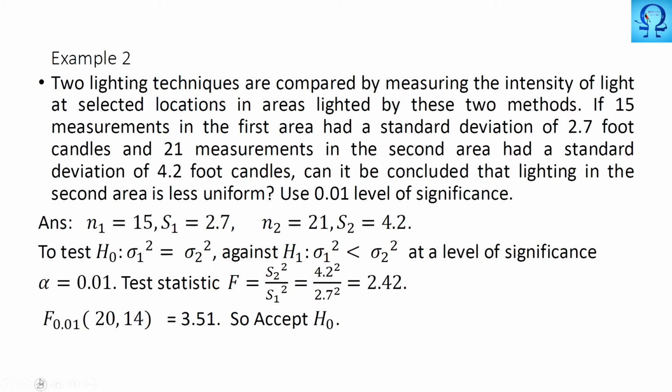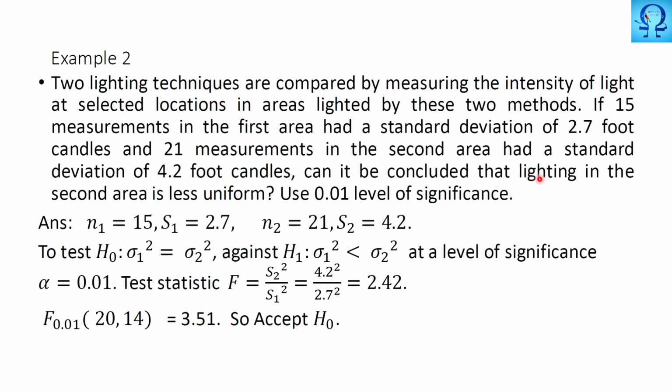We have another example which says that two lighting techniques are compared by measuring the intensity of light at selected locations in areas lighted by these two methods. 15 measurements in the first area had a standard deviation of 2.7 foot candles, and 21 measurements in the second area had a standard deviation of 4.2 foot candles.